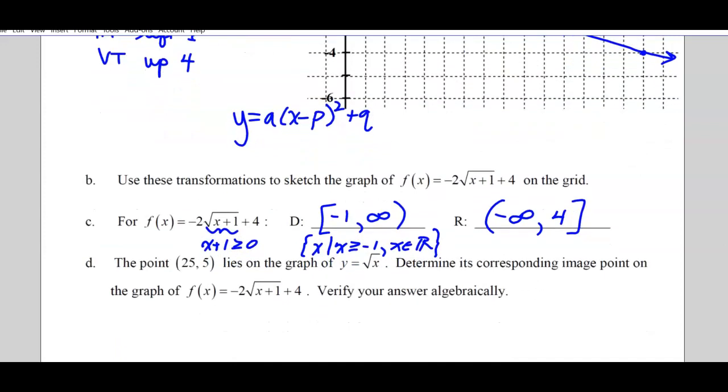If you didn't have the graph, you know that your vertex is -1, 4. So you know 4 is really important in your range. And then you want to look at which direction it's opening. If it's positive, then it's 4 to infinity. If it's negative, it's from -infinity to 4. Right? It's one or the other. And that's what that is.